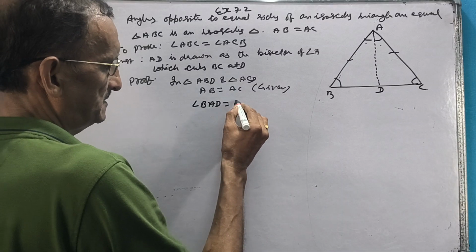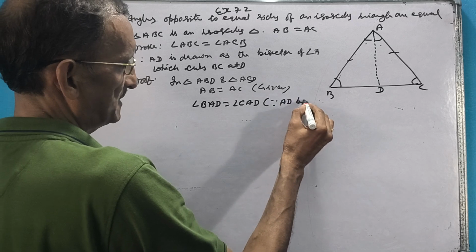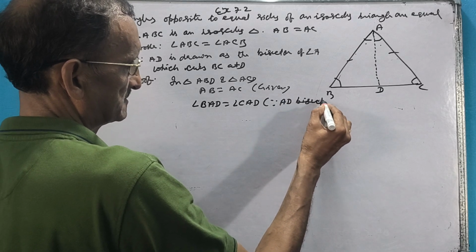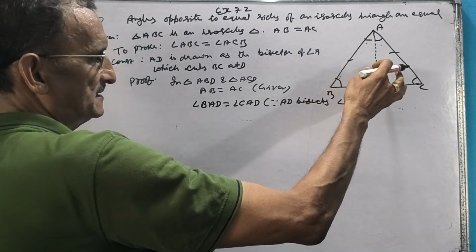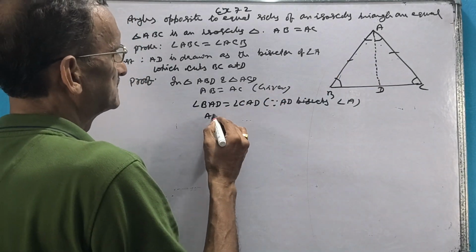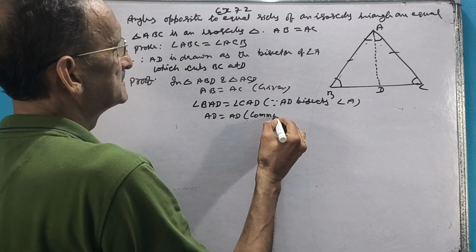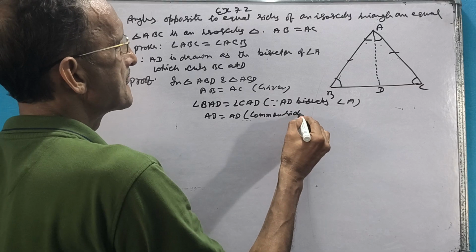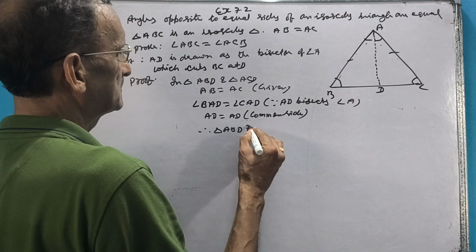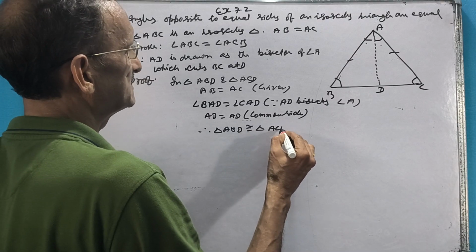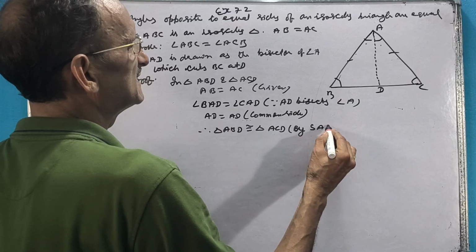Angle BAD equal to angle CAD, since AD bisects angle A. And very clearly AD is the common side. AD equal to AD, common side. Therefore, triangle ABD is congruent to triangle ACD by SAS.